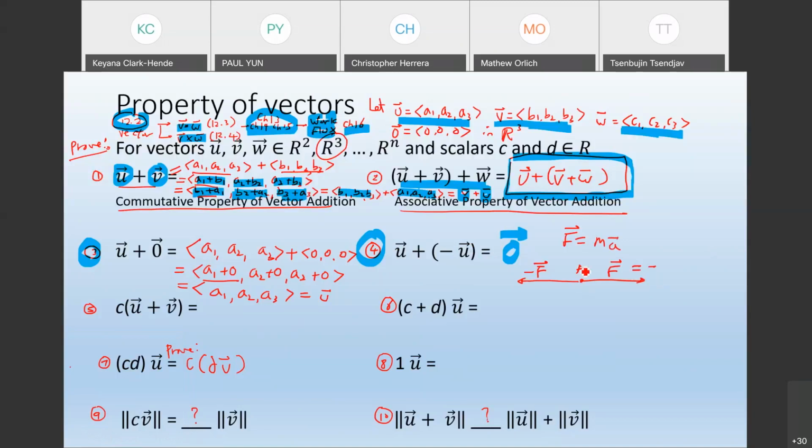It's not moving. What is acceleration? Isn't it change of velocity over time? You're not even moving, so there's no acceleration. It's 0. That makes sense. If you understand my argument, type yes, please. How about force plus negative force? You're not moving. Acceleration is equal to 0. Force is ma, it's not moving, so force equals 0.